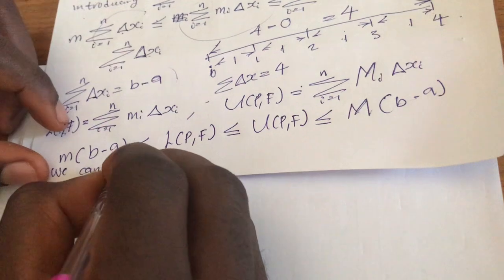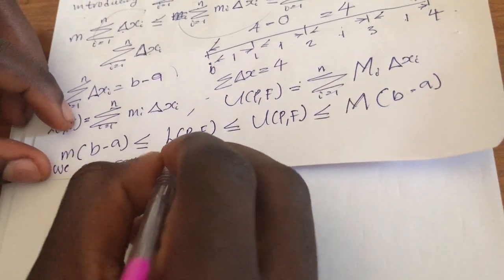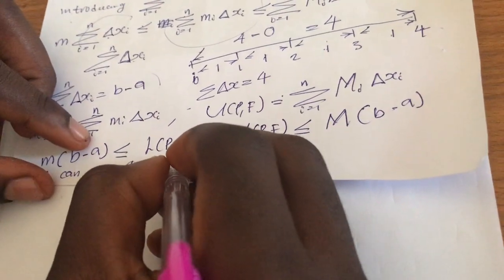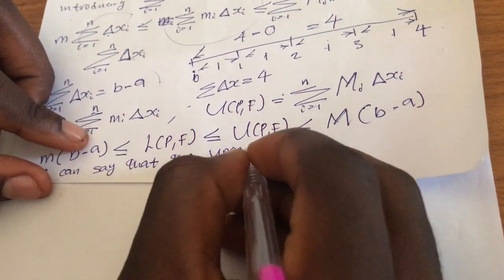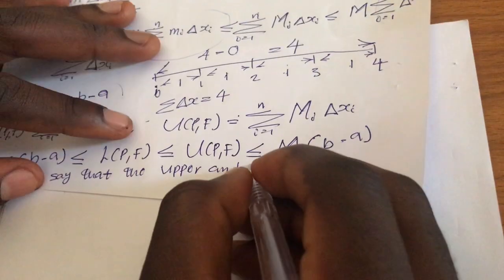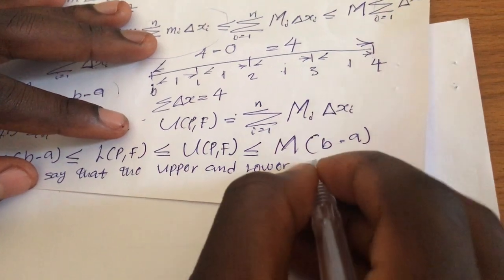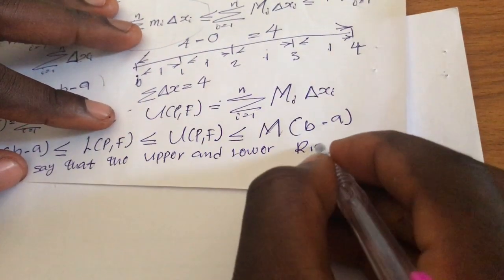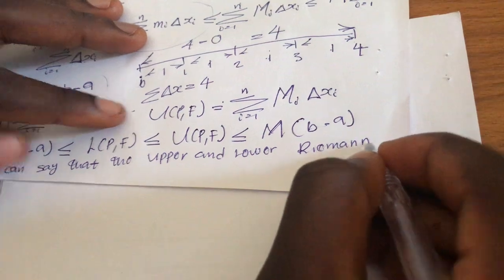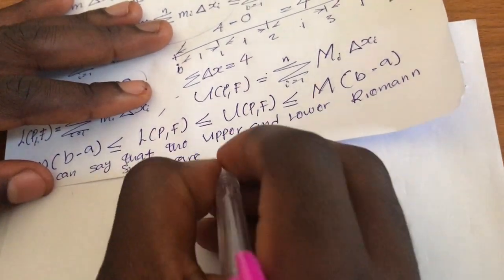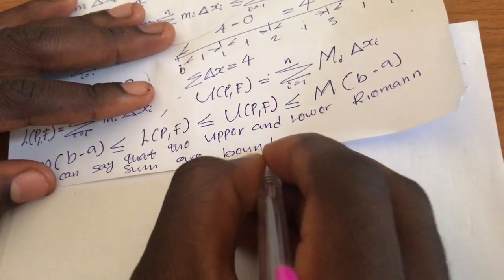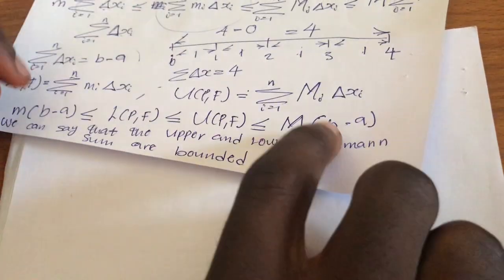We can say that the upper and lower Riemann sum are bounded. Because you understand the definition of this now.